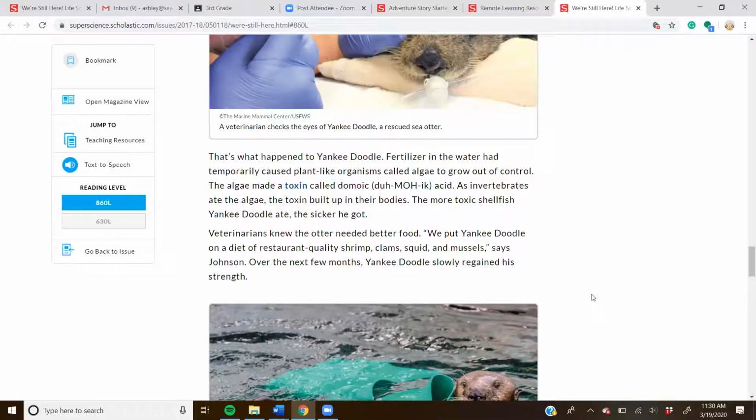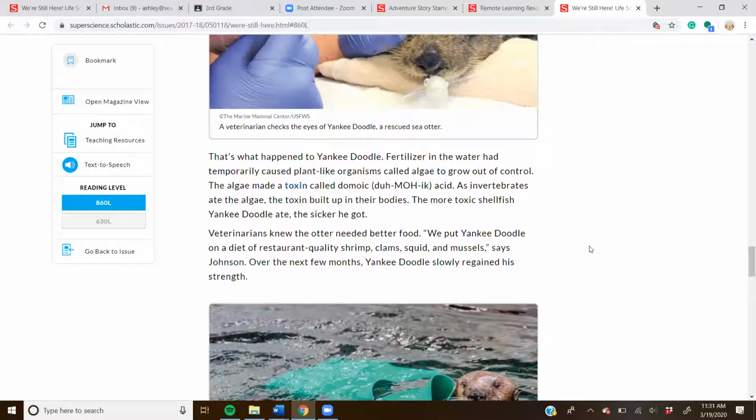The algae made a toxin called domoic acid. As invertebrates ate the algae, the toxin built up in their bodies. The more toxic shellfish Yankee Doodle ate, the sicker he got.